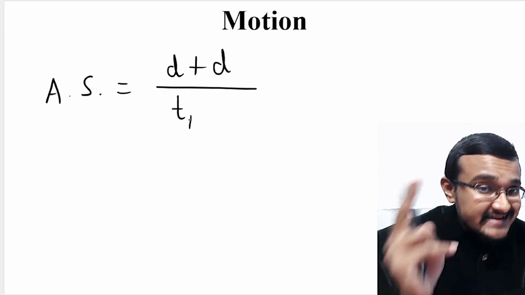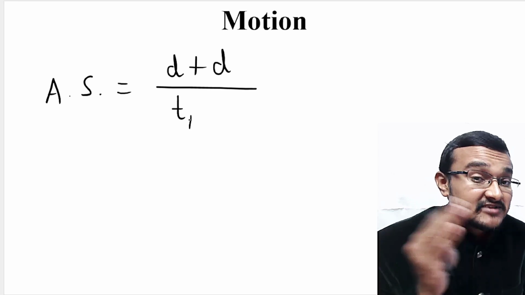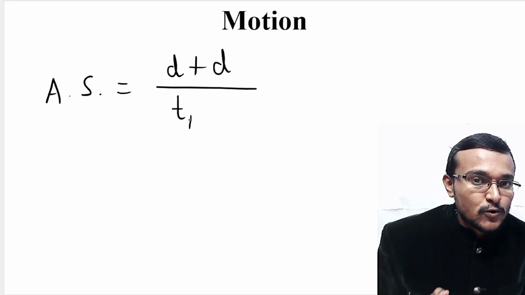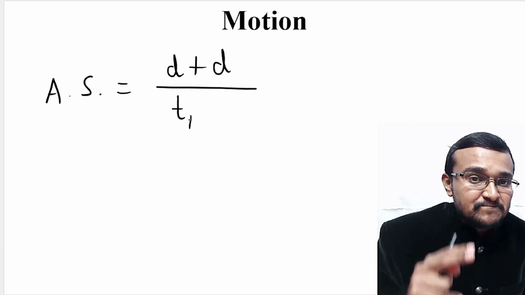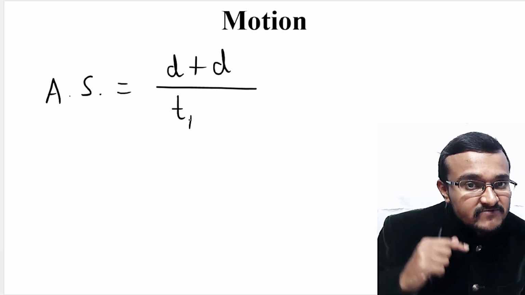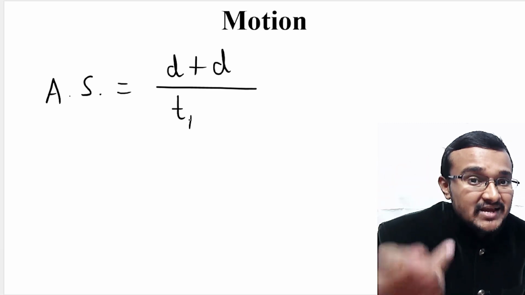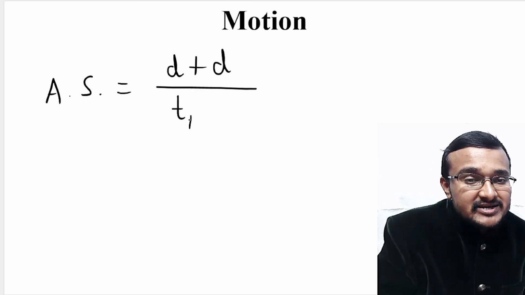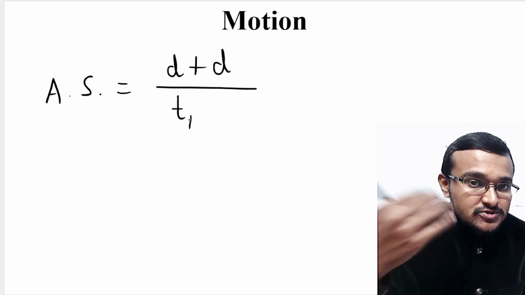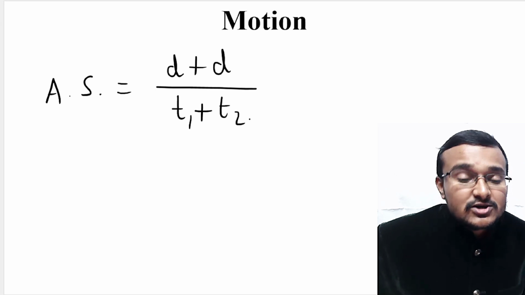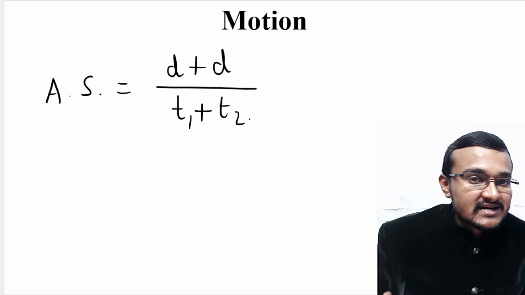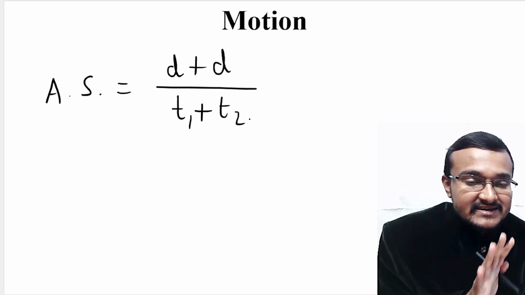He has taken different times because his average speed has increased while returning back home. So that means the times are different. T1 is the time which he took to reach from his house to his school and T2 is the time which he will be taking to reach back to his house from his school. So T1 plus T2 will be the total time taken by Abdul to cover the entire distance.